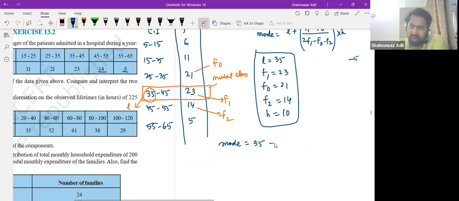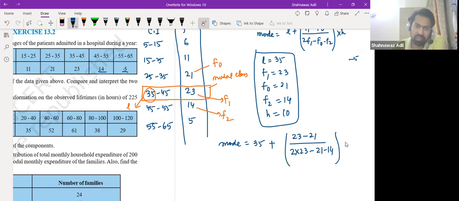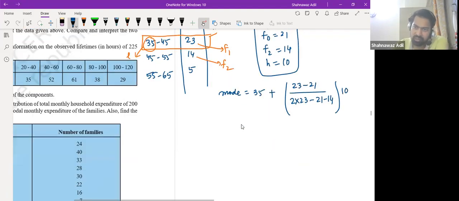So 35 plus (23 minus 21) divided by (2 into 23 minus 21 minus 40), into H, which is 10. Right. So let us calculate. This would be 35 plus 2, and then 46 minus 21 minus 40 is 5, and then 2 into 10.